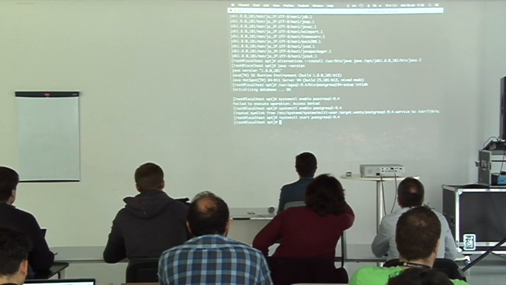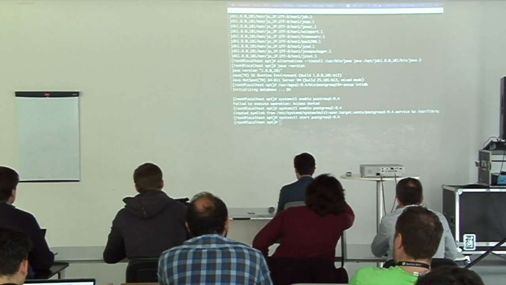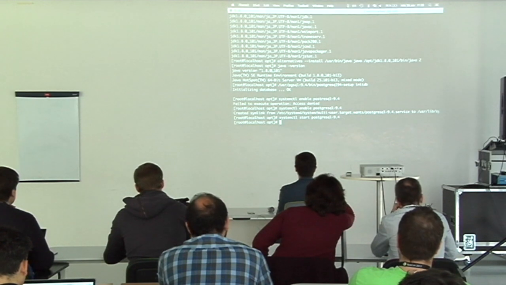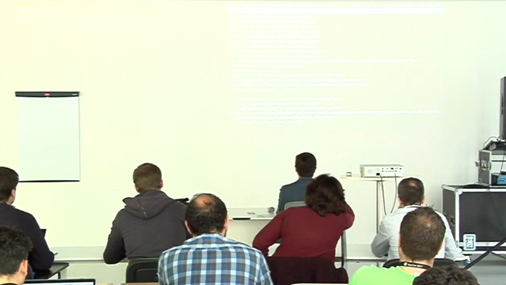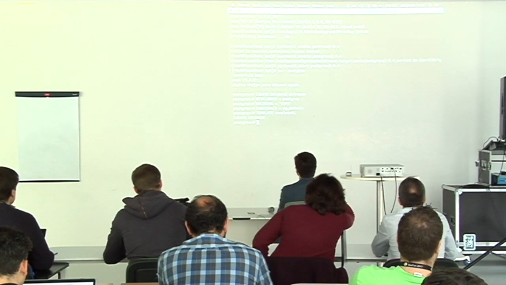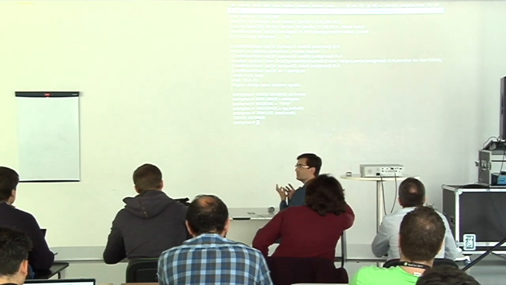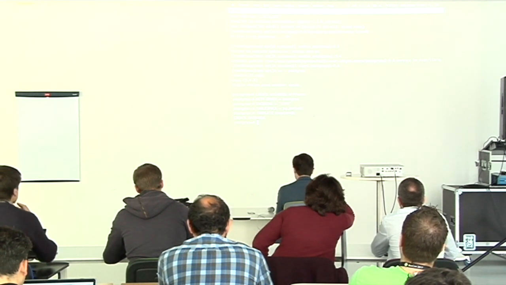Okay, so Postgre is running on the local machine, and now we need to create the Alfresco database. As you know, all the tables will be created on the first start of Alfresco. So we need to use the Postgre user, and we can create the database for Alfresco, and also the user and the permissions.